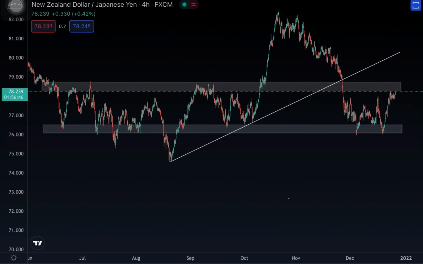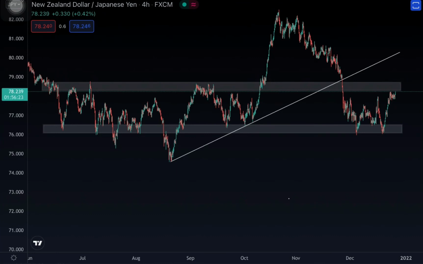You should understand that these tools are enough for analysis. I don't use any indicators, I don't use any extra thing, I only use these simple tools. So as you see, we are ready to sell at the resistance zone.